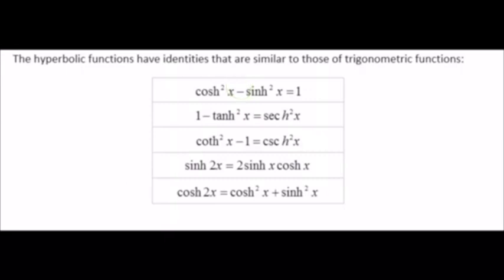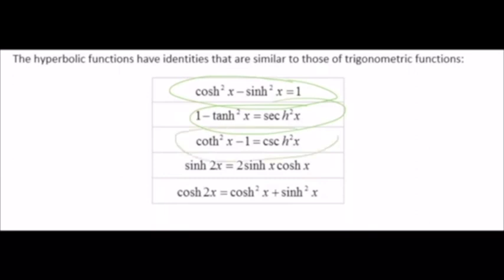Also, the next two identities are derived from the first one. The second one, 1 minus hyperbolic tangent squared of x is equal to hyperbolic secant squared of x, is derived from the first identity: hyperbolic cosine squared of x minus hyperbolic sine squared of x is equal to 1, which is just divided by hyperbolic cosine squared of x to derive the second identity.